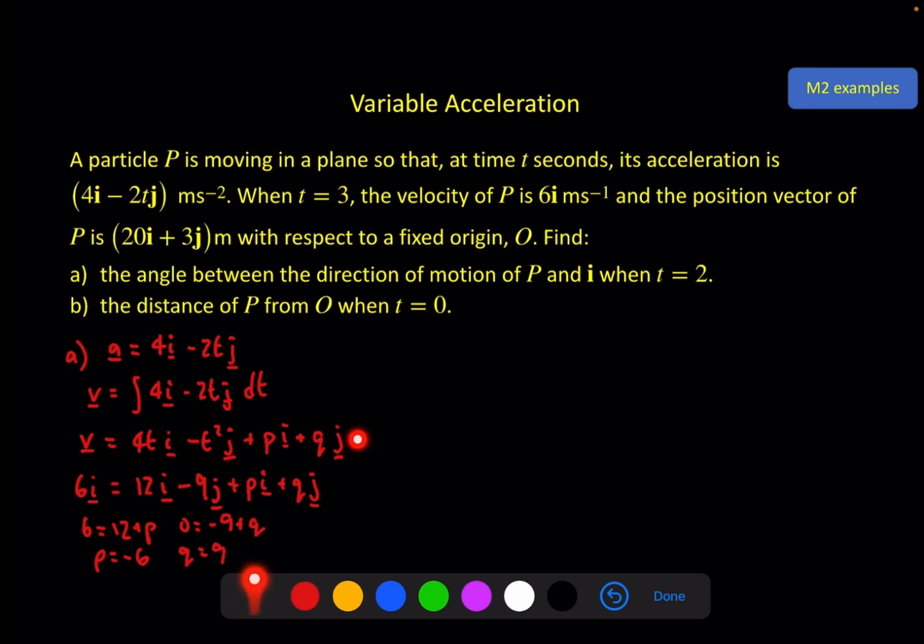Putting those back into the velocity function gives us the final velocity function in vector form as (4t minus 6)i plus (9 minus t squared)j. Now we need to look back at the question. We want the angle between this and the x-axis when t is equal to 2. So substituting t is equal to 2 into this gives us v is equal to 2i plus 5j. 2i plus 5j very roughly is this.